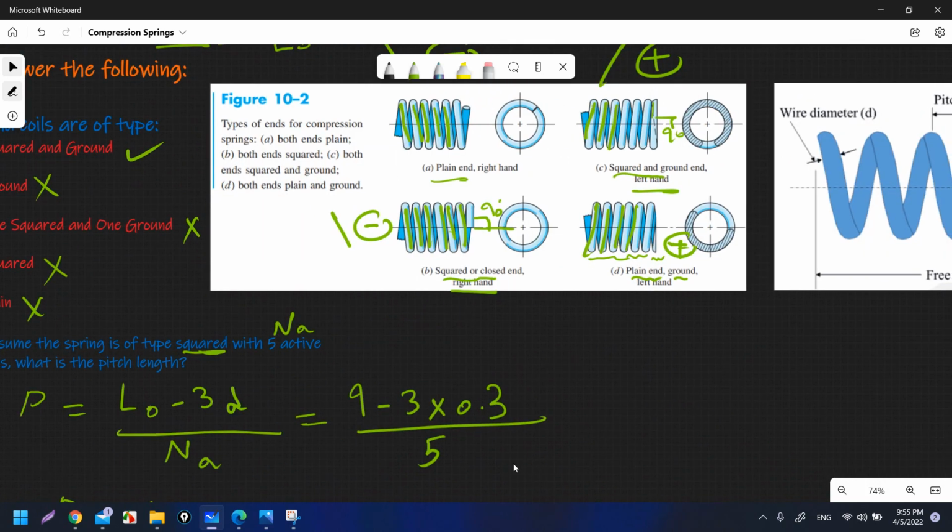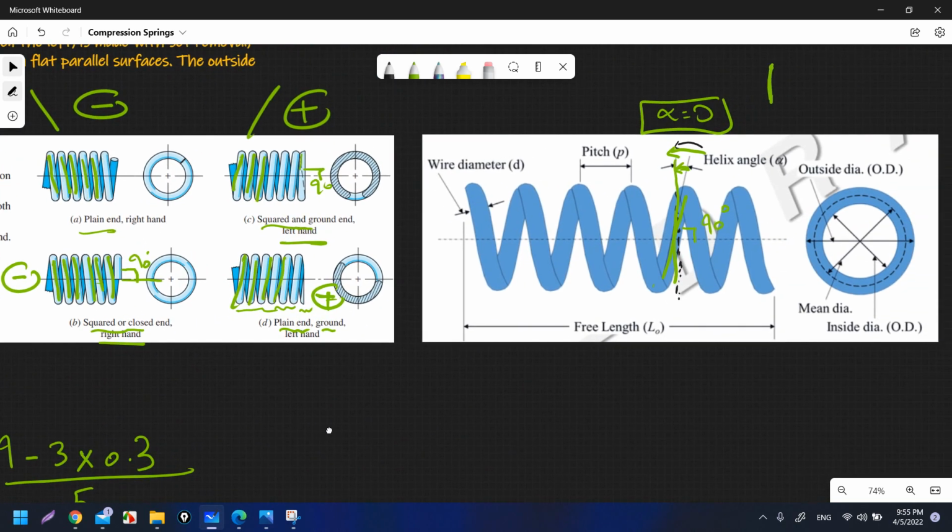The pitch p is the distance between a point on one coil to the similar point on the other coil. You can also take this point with this point, or this point with this point.